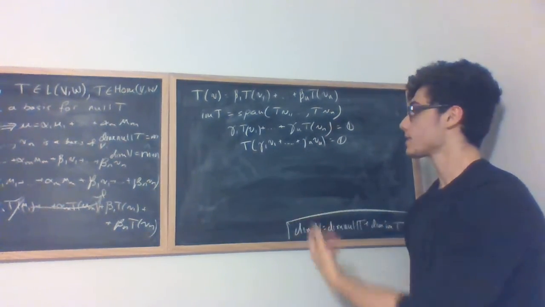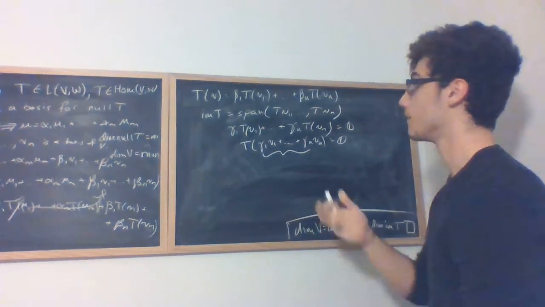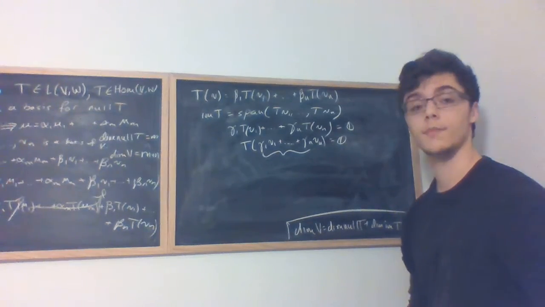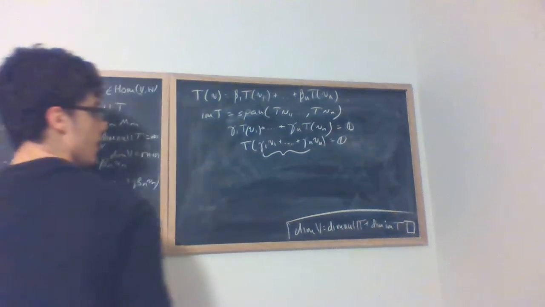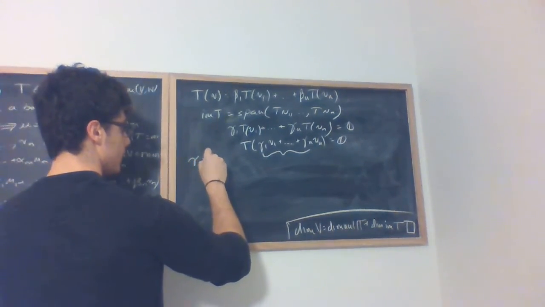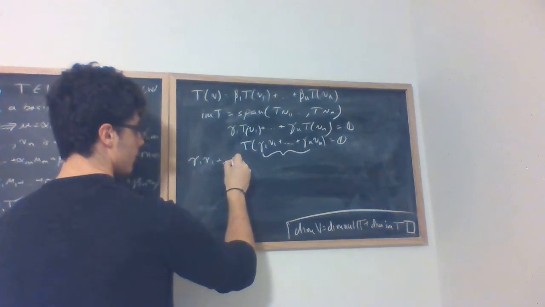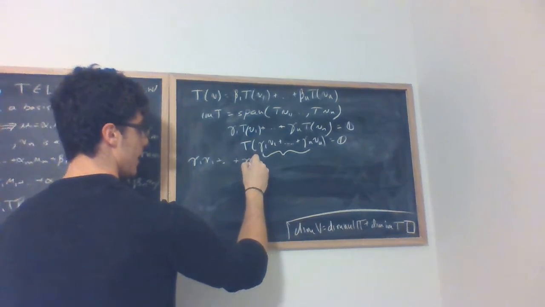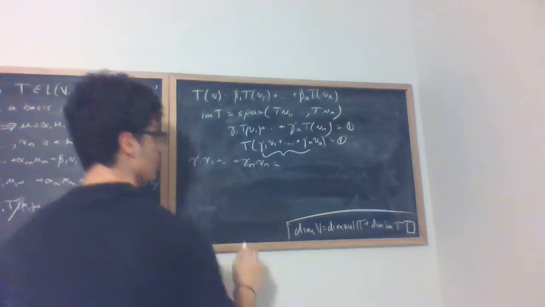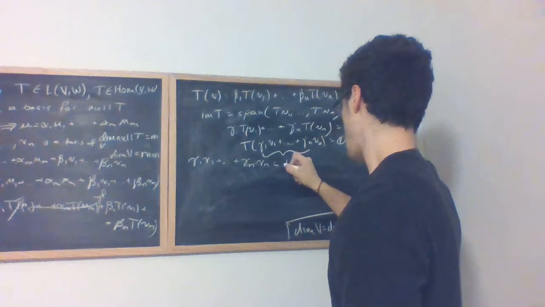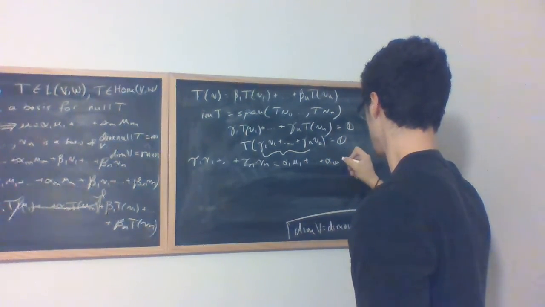But just looking at this, we see that then this vector is mapped to 0, so it's in the null space of T, which means that it could be written as a linear combination of the basis vectors for the null space of T. So then we get gamma 1 v1 up until gamma n vn is equal to alpha 1 u1 plus dot dot dot alpha m um.